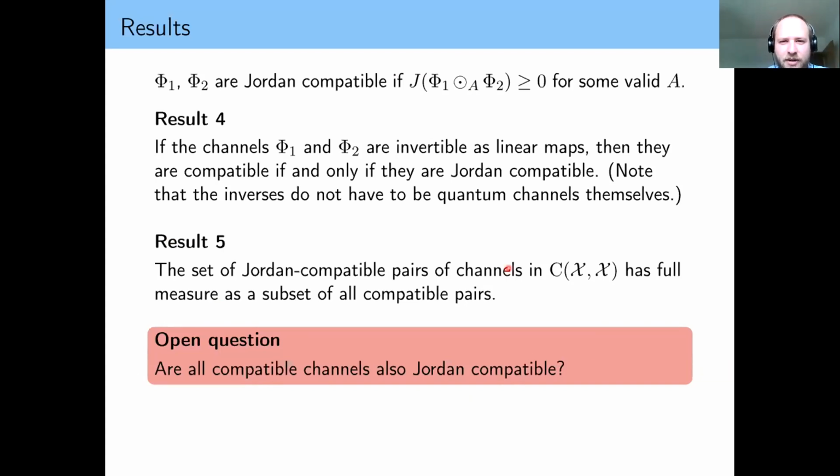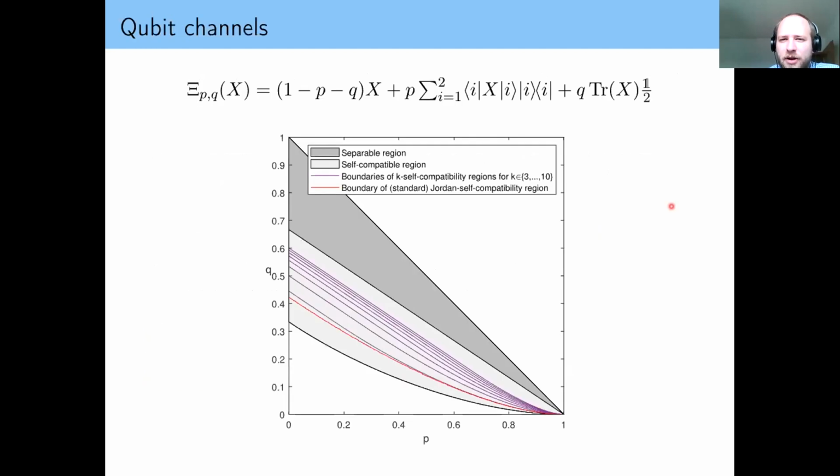From here, we also carried out some numerical experiments to see how well the Jordan product and the generalized Jordan product work. The first one considers this channel psi PQ, and we consider the self-compatibility of this channel with itself, which basically means that both phi 1 and phi 2 are equal to this channel. If you think about POVMs, you can easily show that every POVM is compatible with itself, but this is not so true for quantum channels.